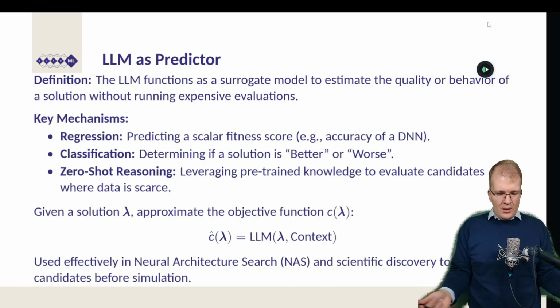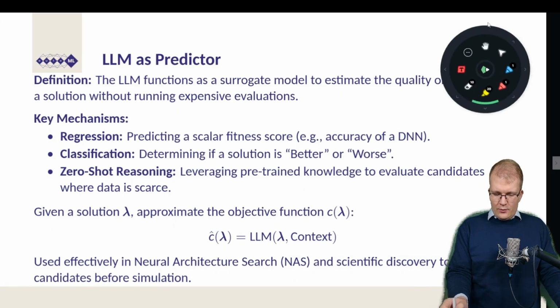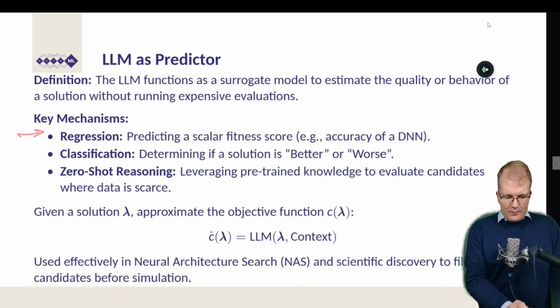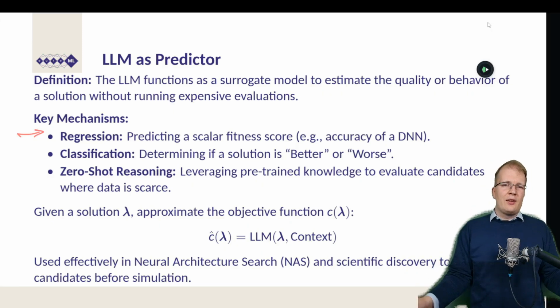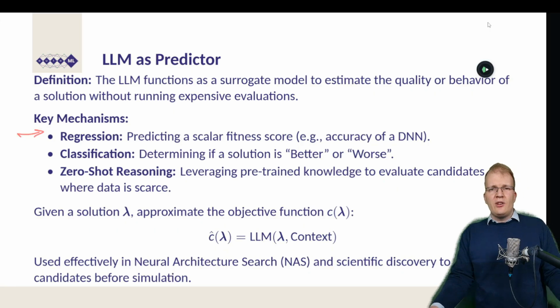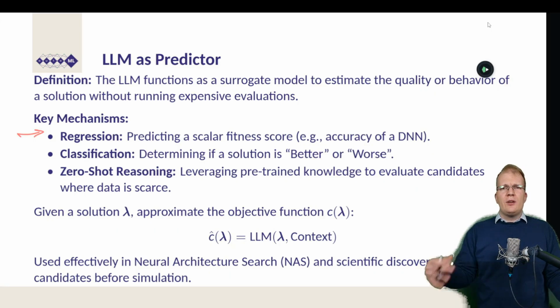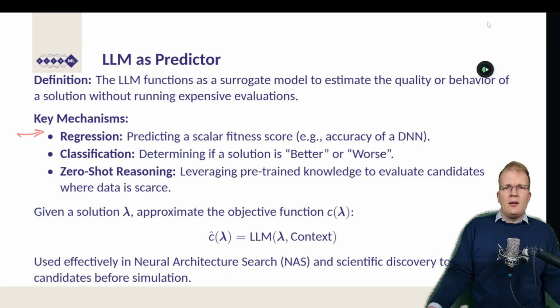First of all, we can do a regression problem, which is really close to Bayesian optimization, for example predicting a scalar fitness score, such as the accuracy of a deep neural network. Or we can do classification, determining whether a solution is better or worse than a reference solution or the previous best one. Or we can also do zero-shot reasoning, leveraging pre-trained knowledge to evaluate candidates where data is scarce.